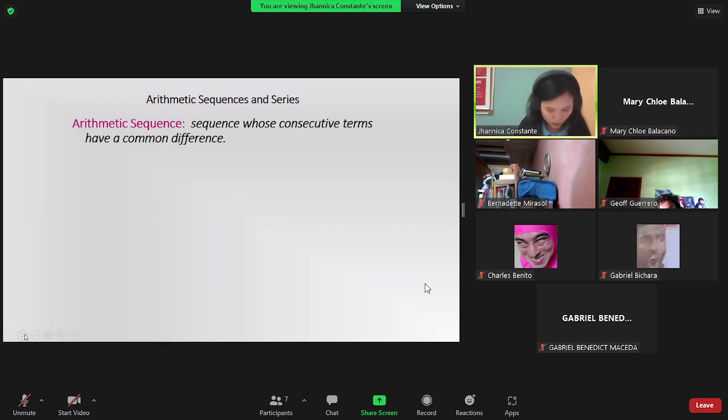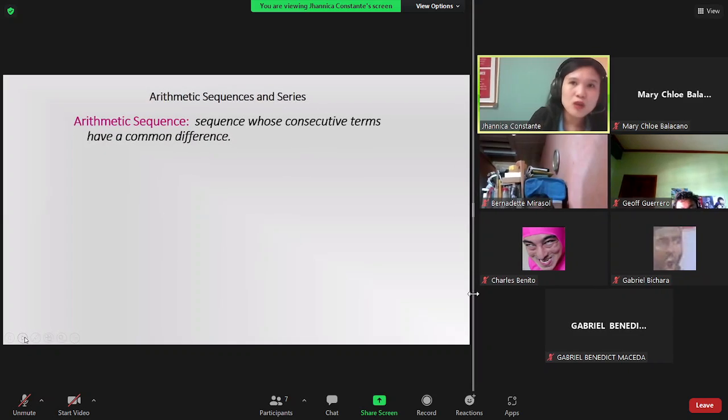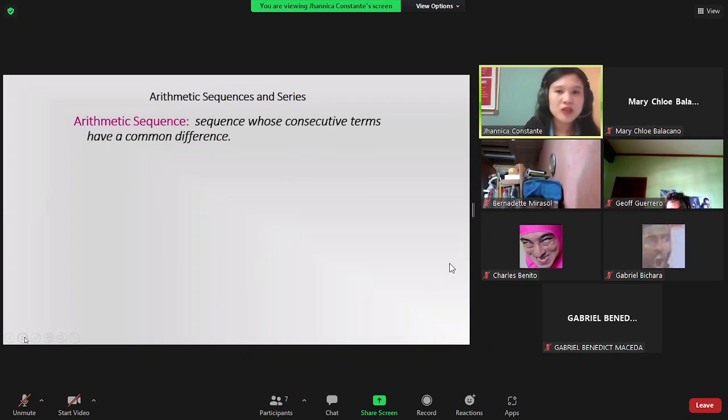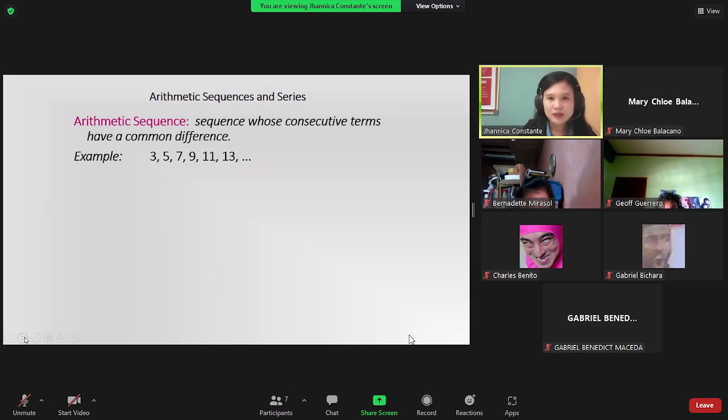They have a common pattern or common difference in the given sequence. For example, we have the sequence 3, 5, 7, 9, 11, and 13. The common difference or the pattern in the sequence is adding 2.